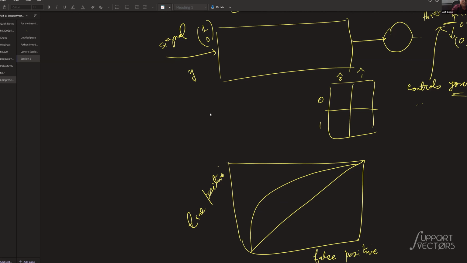And it is controlled by your threshold. For different values of the threshold, you'll have different false positive rates and different true positive rates. Are you seeing that? That is where the ROC curve and ROC area came from. Very interesting, isn't it? It's as simple as that. You set a threshold and you do that.